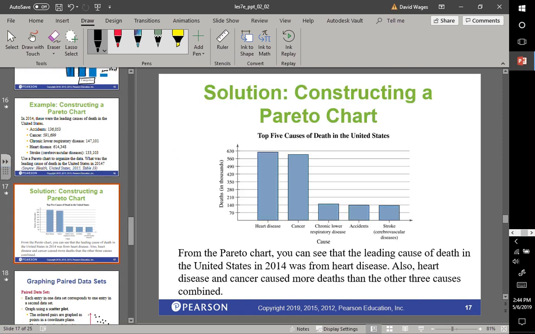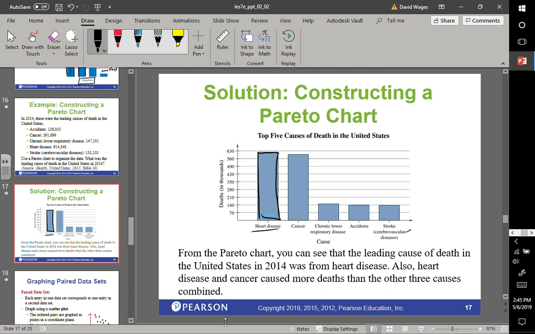So here's an example. Top 5 causes of death in the United States. We can quickly look at it and see that this first category is the largest. That's heart disease. The next one is cancer. Then chronic lower respiratory disease and so forth. And by having this diagram, we can make comparisons.